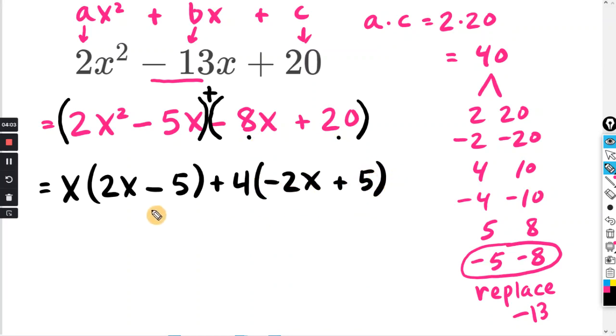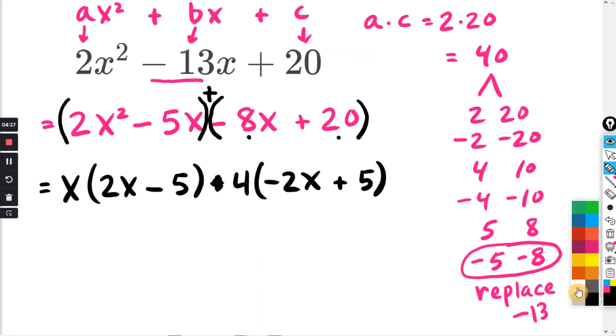Now notice the binomials in parentheses match with the exception of the plus minus signs. Okay, this is basically the negative version of this one here. So the way to solve that problem, you can change the sign on the term you factored out. So instead of positive 4, I am going to make this a negative 4.